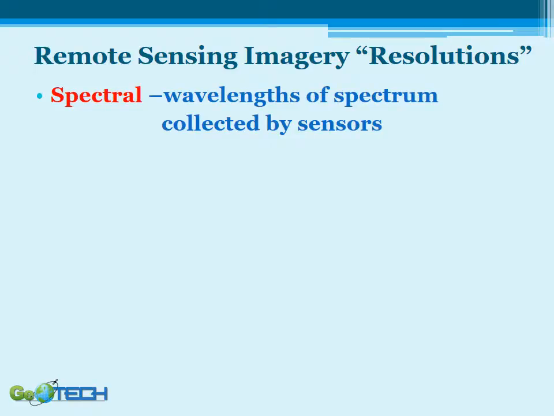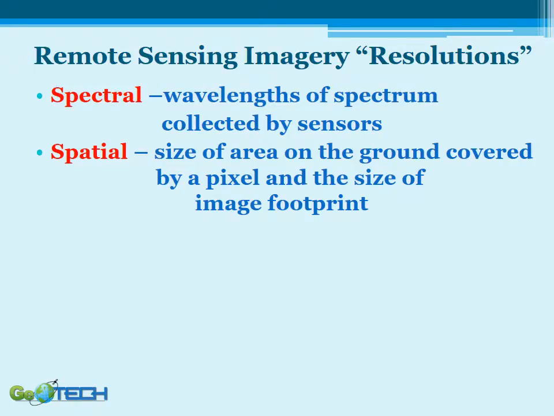So there are 4 remote sensing imagery resolutions I want to really stress. One is spectral. So what wavelengths of the electromagnetic spectrum does that particular sensor or sensor platform collect? The next one is spatial. That's the size of the area or the footprint of the image itself, and the size of each of the pixels or cells where the data is being collected.